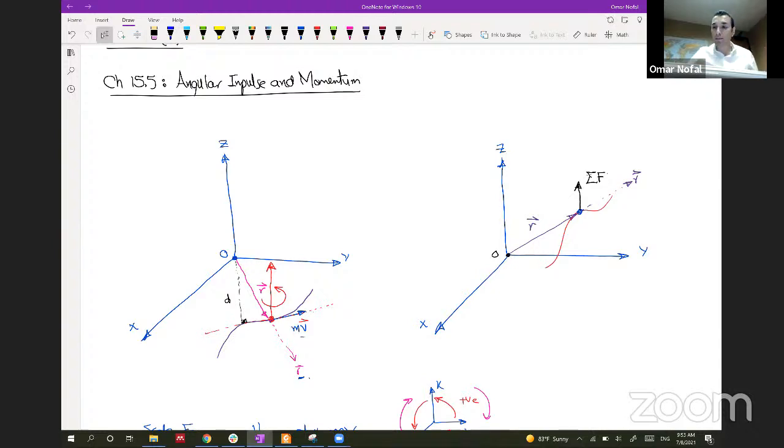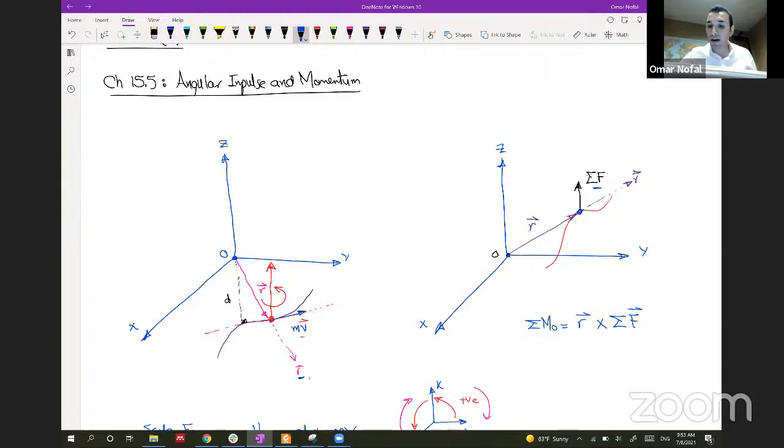To know this, if you want to get the sum of moments, for example for this curve, you have this force, and this is the R vector from point O to the particle. The sum of the moments about point O will be the R vector cross product with the force vector. You have the F vector going up and the R vector going this way. So what will you do?